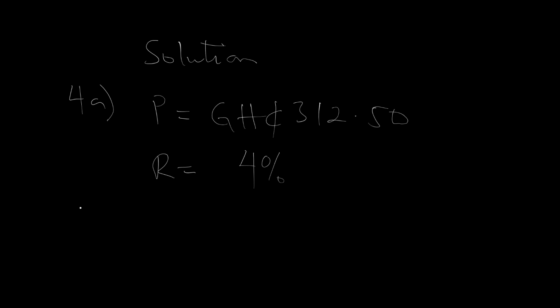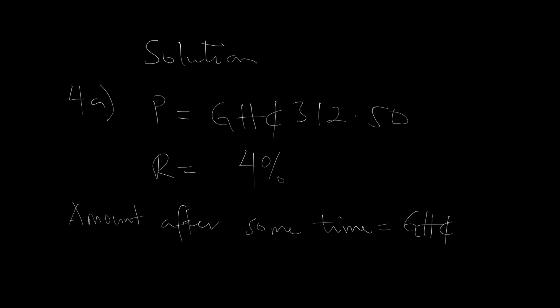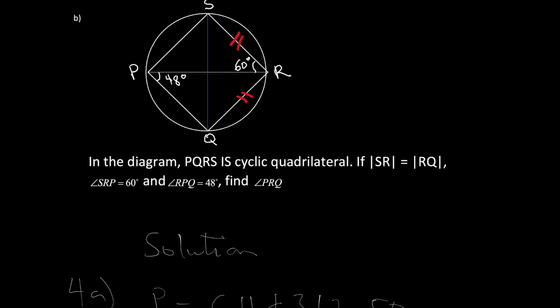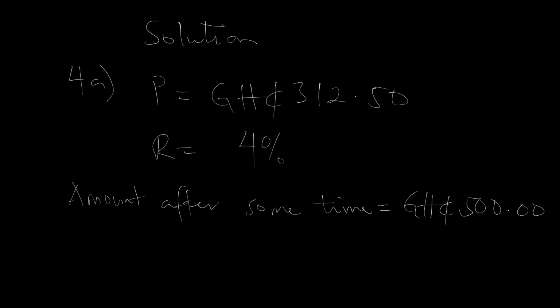And we have our amount after some time, which is Ghana cedi 500. Okay, so what we are saying is after some time, we have 500 Ghana cedis. So our principal amount yields to 500 Ghana cedi. We don't know the number of years for the principal to yield to 500. So that's what we'll be finding.